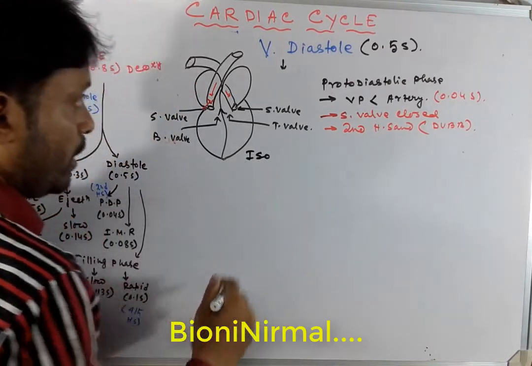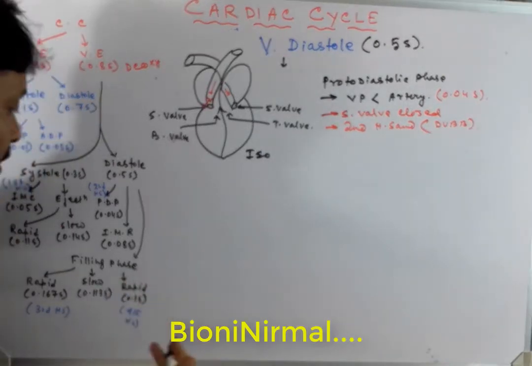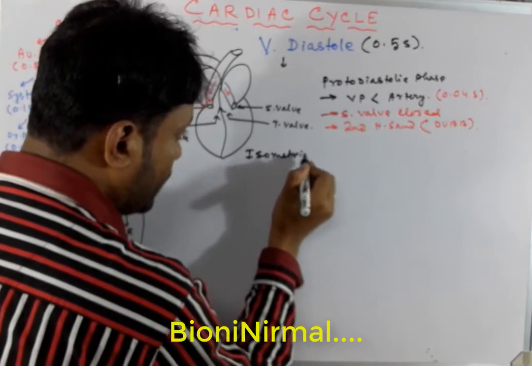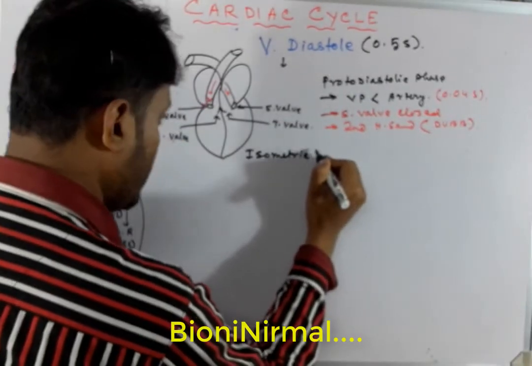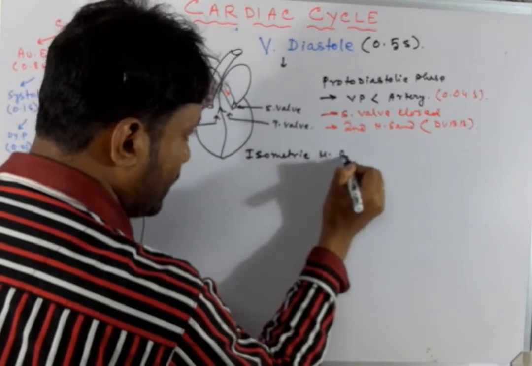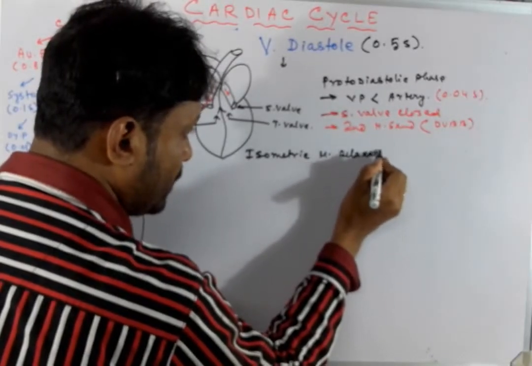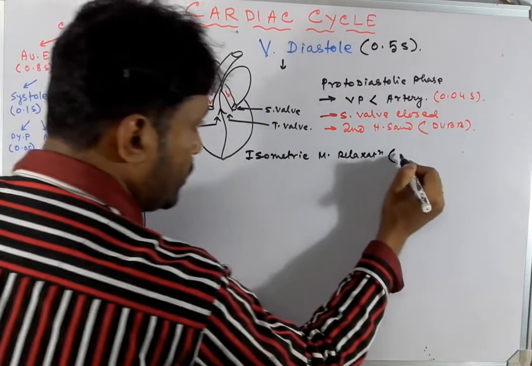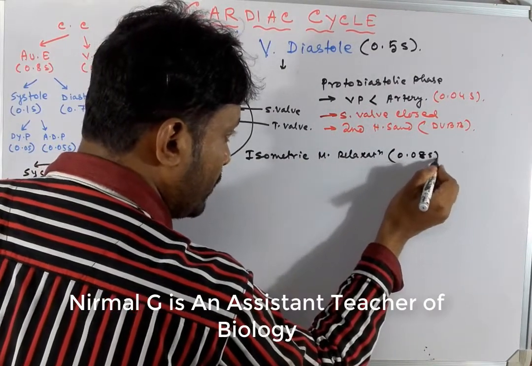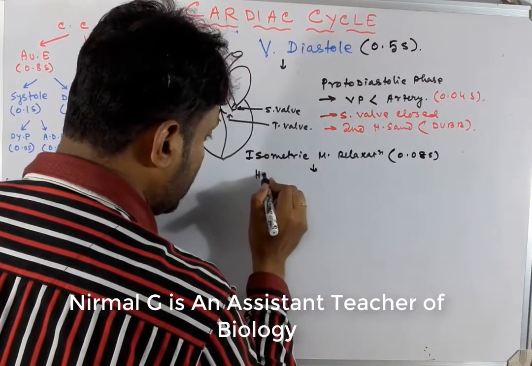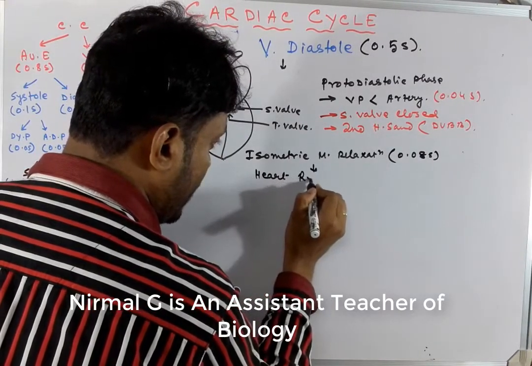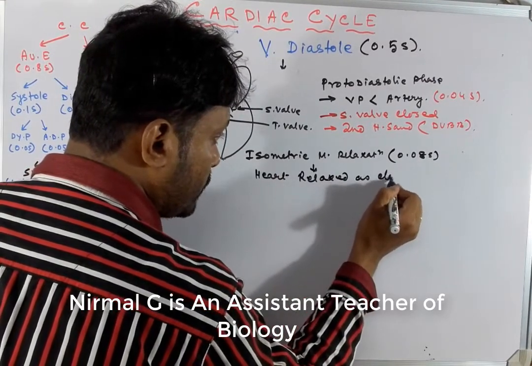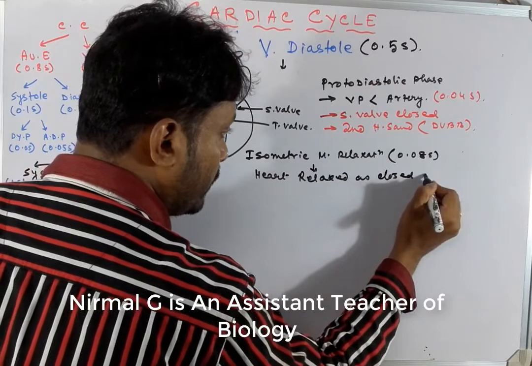The heart relaxes as a closed chamber, and this is called isometric muscle relaxation. This takes about 0.08 second.